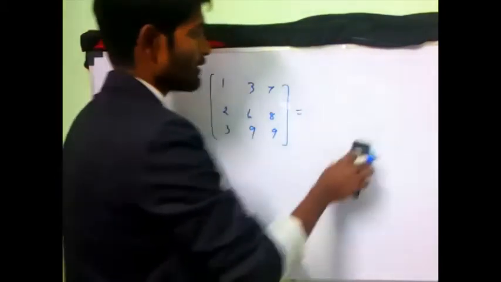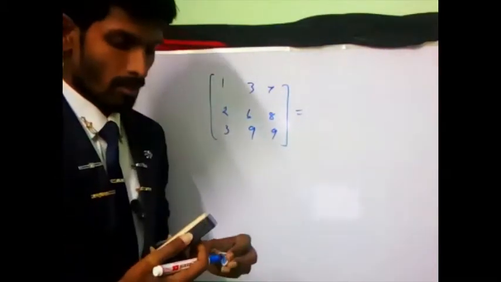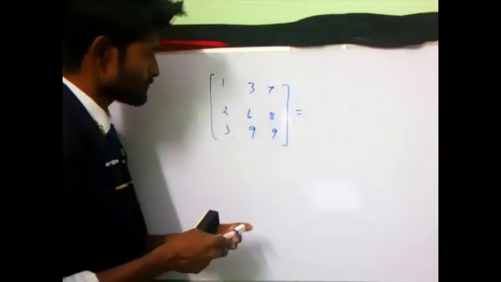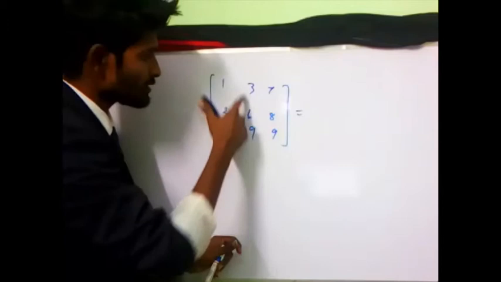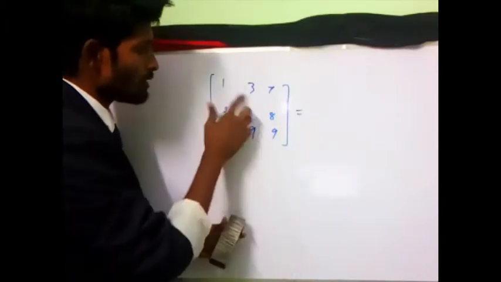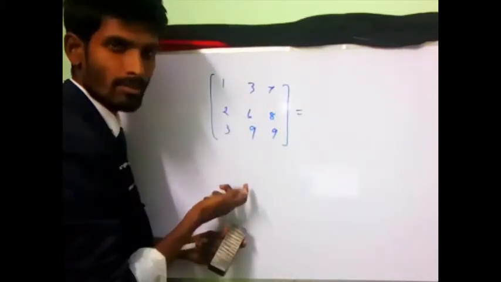Look at it in a different way. This is column number 1 and this is column number 2. Both are proportional, right?